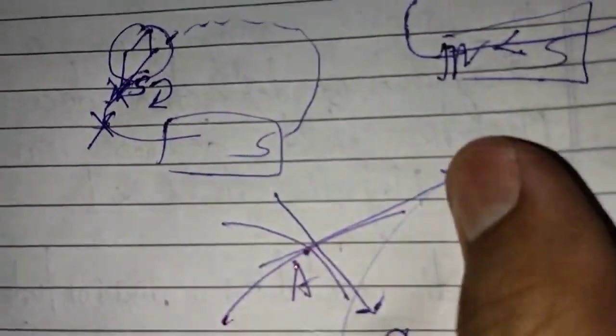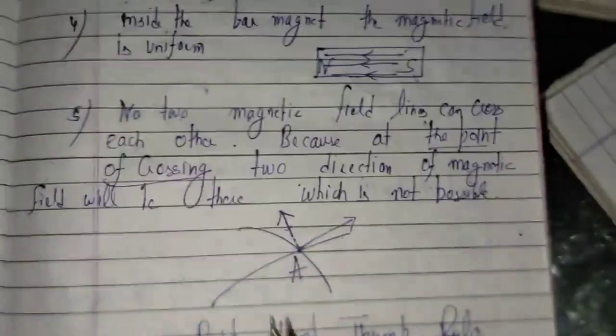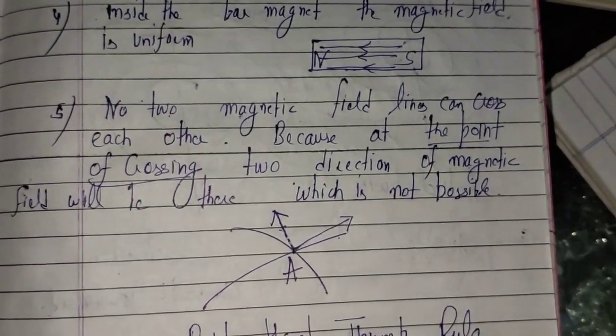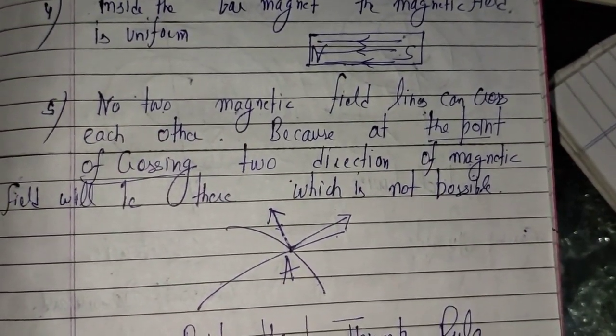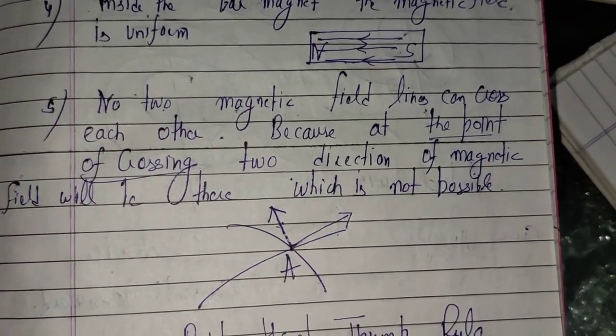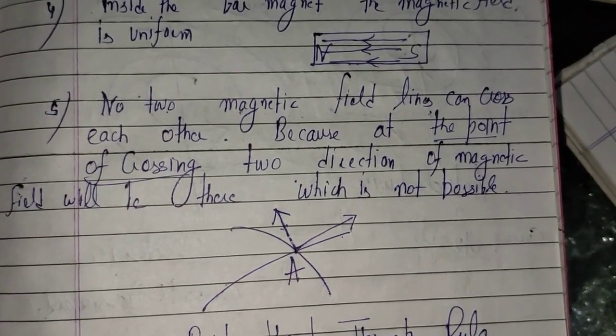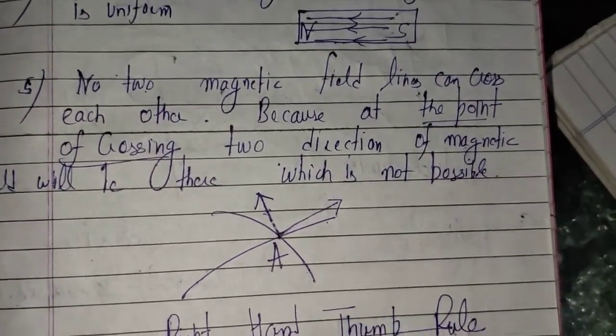So they can't intersect each other. Two magnetic field lines cannot cross each other because at the point of crossing, two directions of magnetic field will be there, which is not possible. So this is a concept.